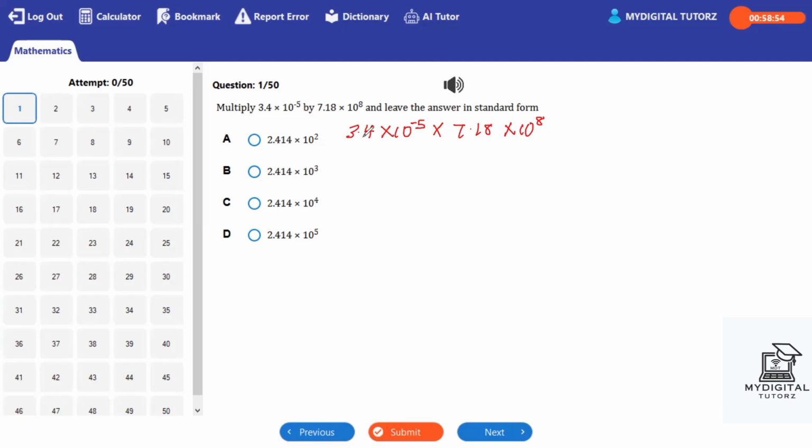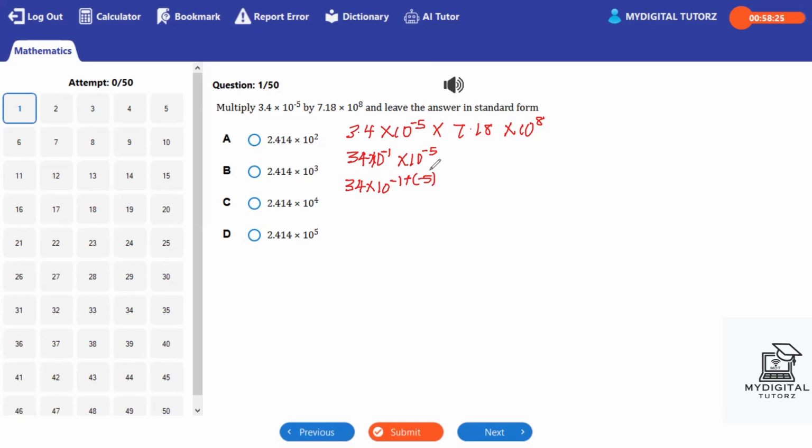We can decide to make it a whole number. So 3.4 can be written as 34 times 10 raised to power minus 1, then times 10 raised to power minus 5. By the law of indices, this is going to be 34 times 10 raised to power minus 1 plus minus 5.